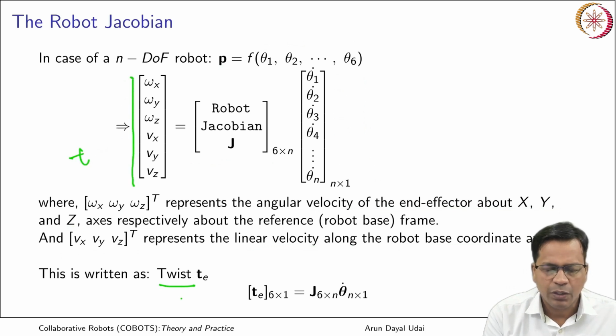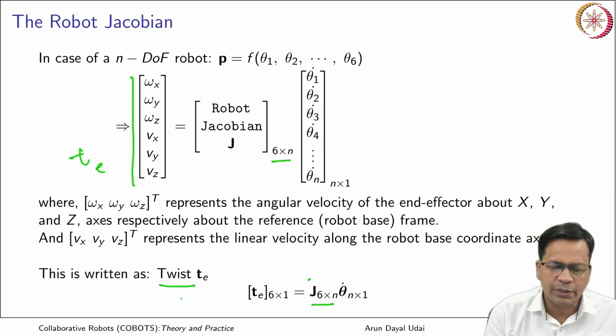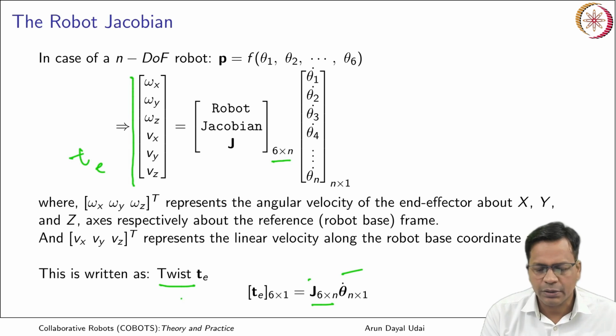So this is a twist vector of 6 cross 1 dimension, and the Jacobian here would be of 6 cross n dimension, the matrix which relates the output rates to the input rates. And this is the joint rate vector, theta dot, n cross 1. This is how the Jacobian is defined for a general robot of n degrees of freedom.